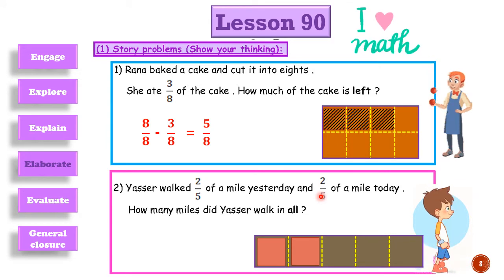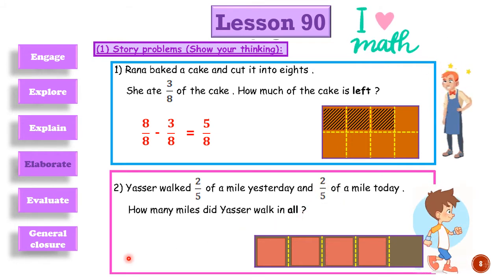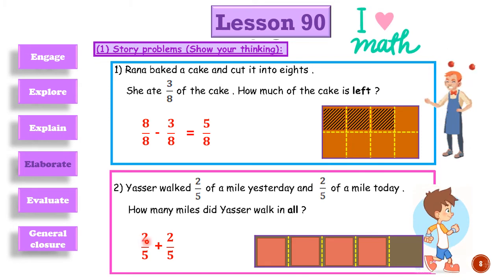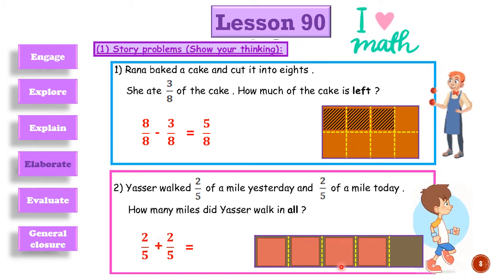It will be like this, 4/5. Then, how many miles did Yasser walk in all? In all means I will do plus. First 2/5 and second 2/5. Like this, 2/5 plus 2/5 equals, put the same denominator as it is and just add the numerators. 2 plus 2 equals 4. It will be 4/5. If you count here, it will be 4/5 shaded out of 5.